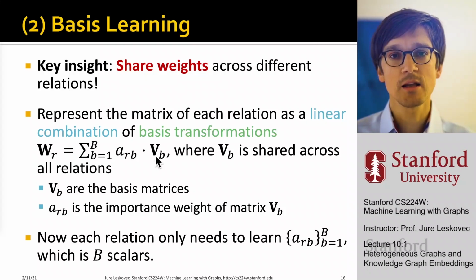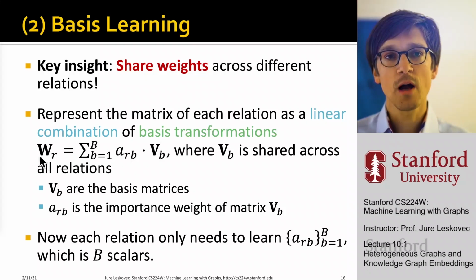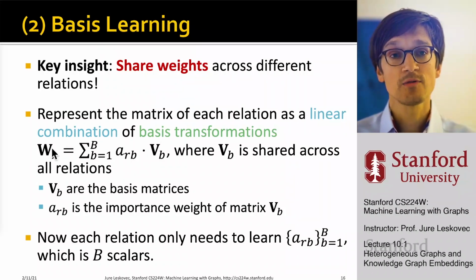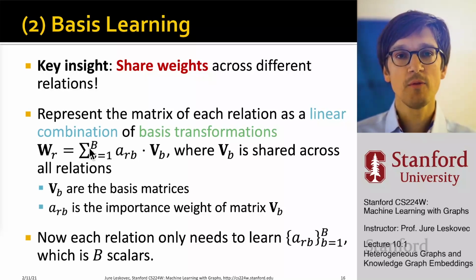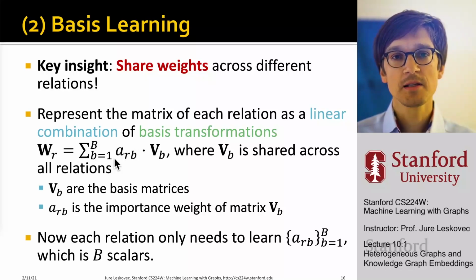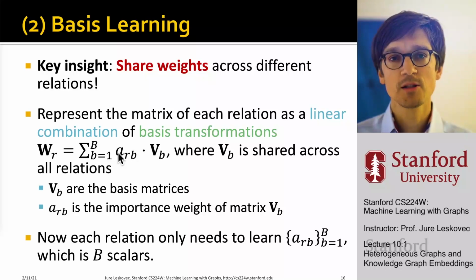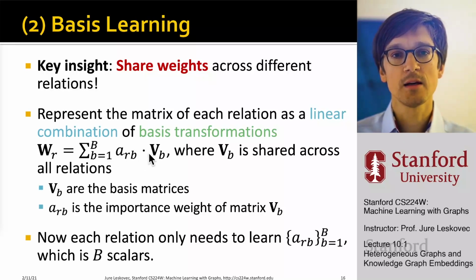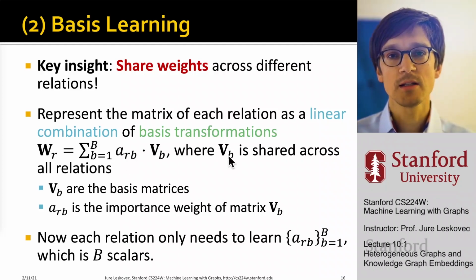So basically I have a dictionary of matrices V, and to come up with a transformation matrix W for a relation, I have importance weights A that say how important a given matrix V_b is for a given relation R. And the point is that these matrices V are shared across all relations.